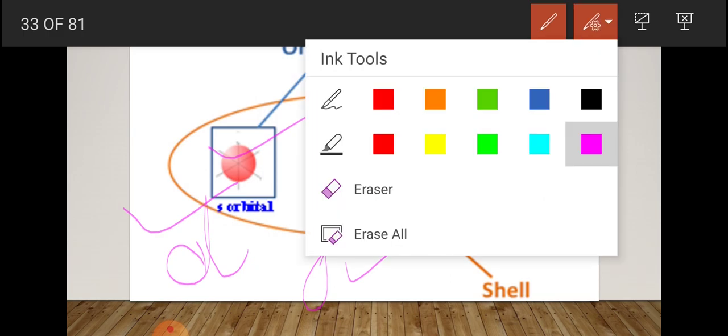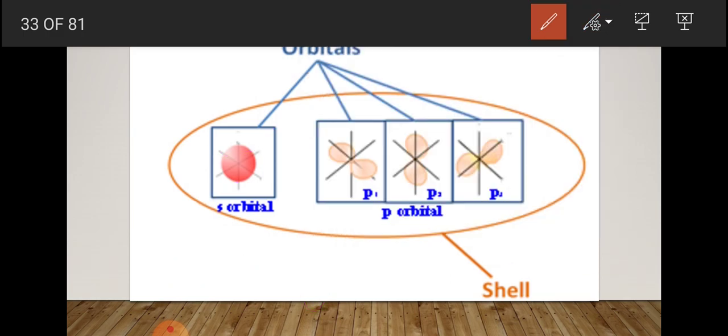Their shapes are different. The shape of the s orbital is spherical. You can see here, the s orbital is given here. It is spherical in shape. The p orbital you can see is a dumbbell shape. Px, py, pz.